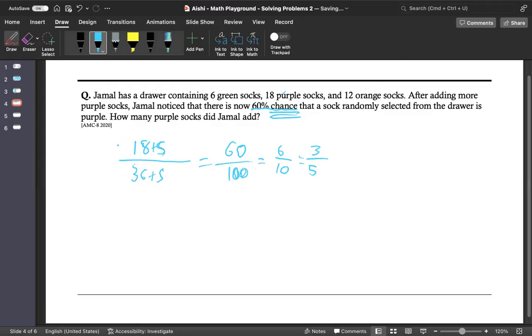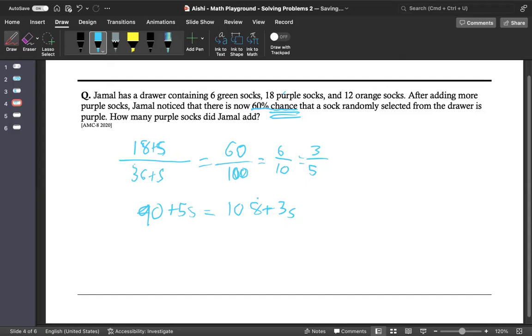So we have 5 times 18, which is 90, plus 5s is equal to 108 plus 3s. So let's take the unknown value, which is s, to one side.